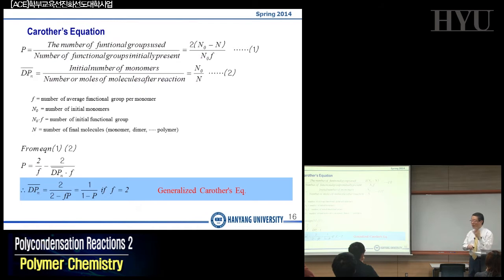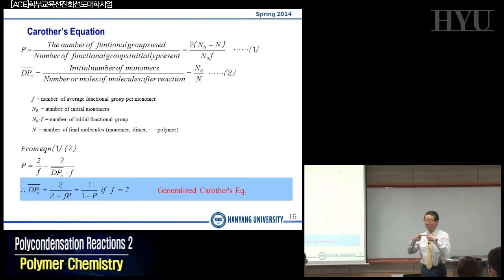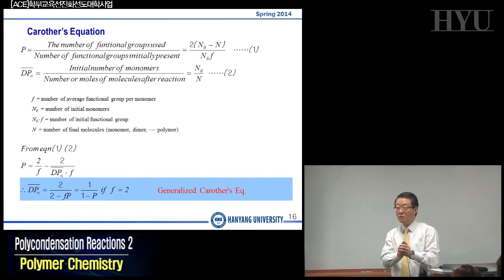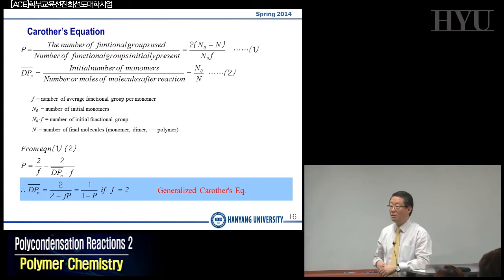Remember that in Carothers' definition, we have to have two functional groups to react. Although you have many functional groups in one system, let's say that we have 10 hydroxyl groups and we only have two carboxylic acid groups. What happened?